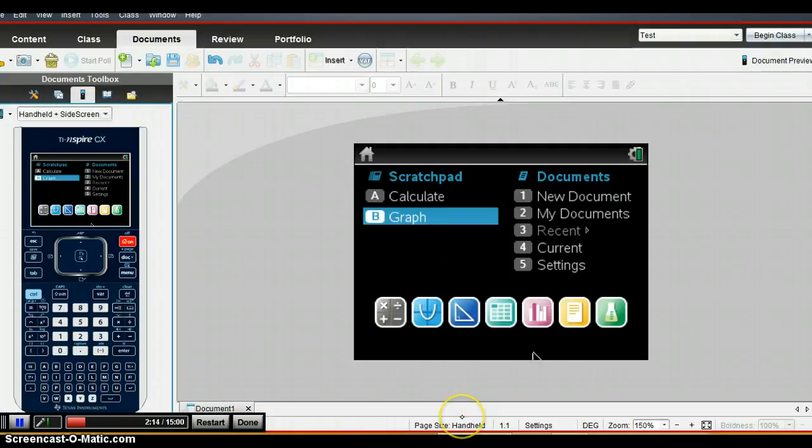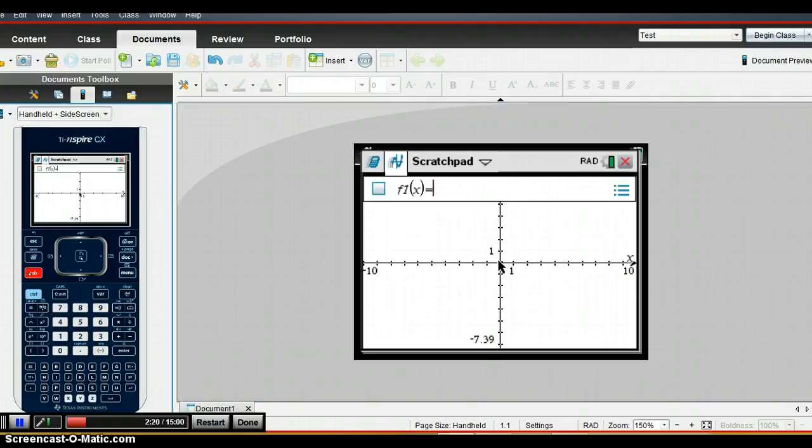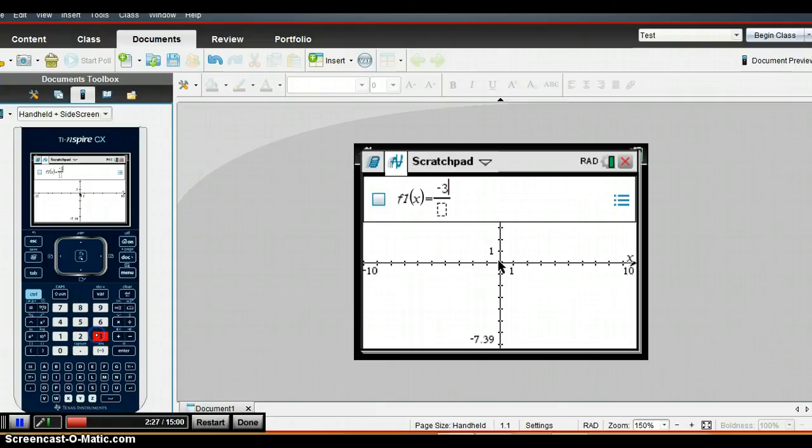Now we can go to our calculator. So we're going to deal with b. Press tab if you need to bring that up. Press control divide. We want negative 3 over 2 x minus 1. That's our first one.